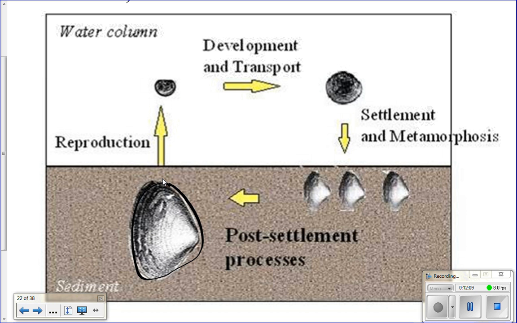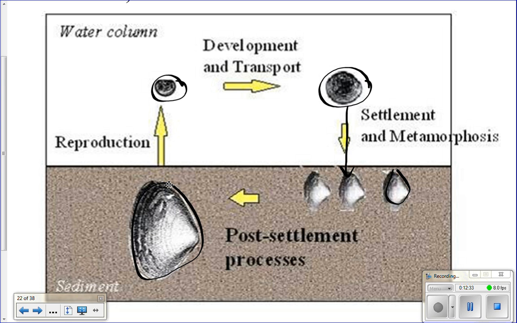So it lives on the bottom, and then when that animal is ready to reproduce, it releases eggs and sperm into the water, and you have a little larva that will spend part of its life floating around in the water column. So it'll have a pelagic habitat. And then when it reaches its juvenile years and gets ready to settle down, it will settle down and become a little juvenile clam in the benthic regions again.